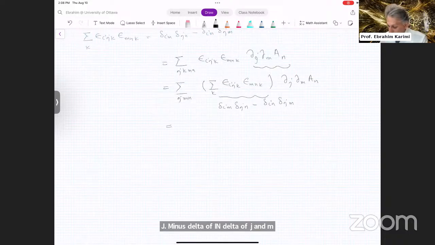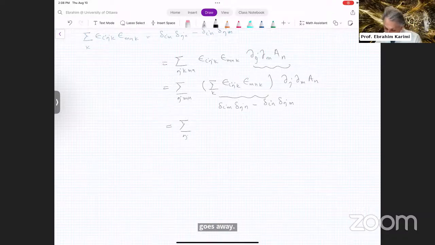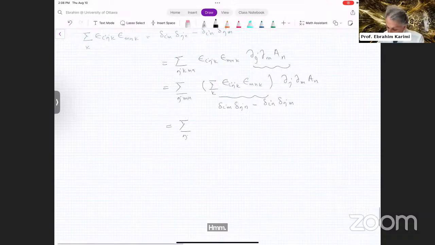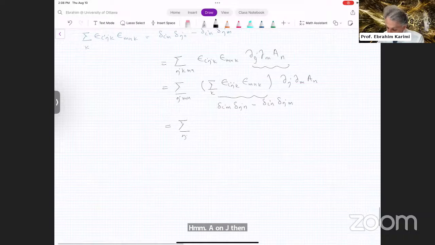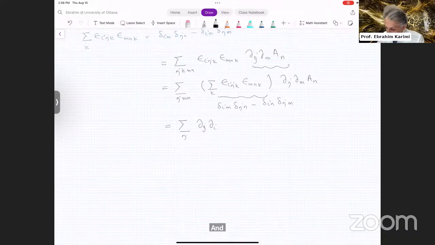Then the summation on m goes away because we have a delta. Summation on n goes away, we will have a delta. So we have a summation on j only. Then all m will be replaced by i, and all n will be replaced by j.